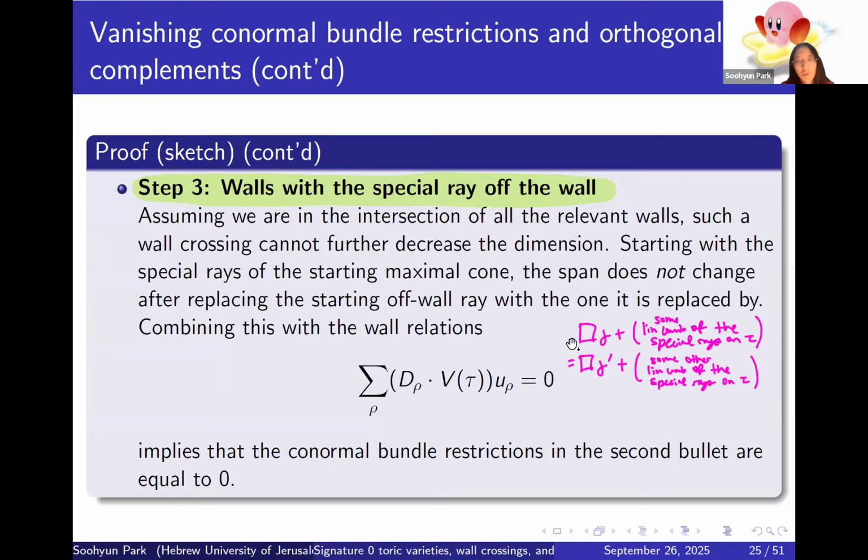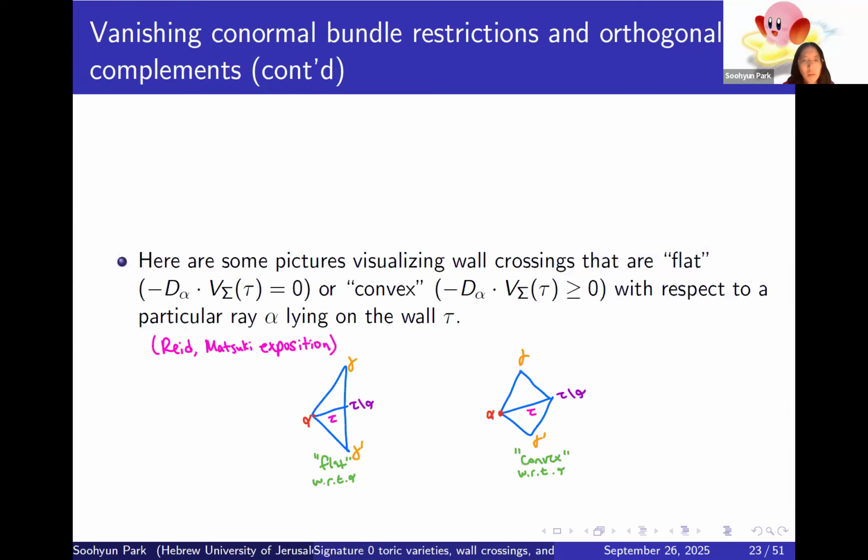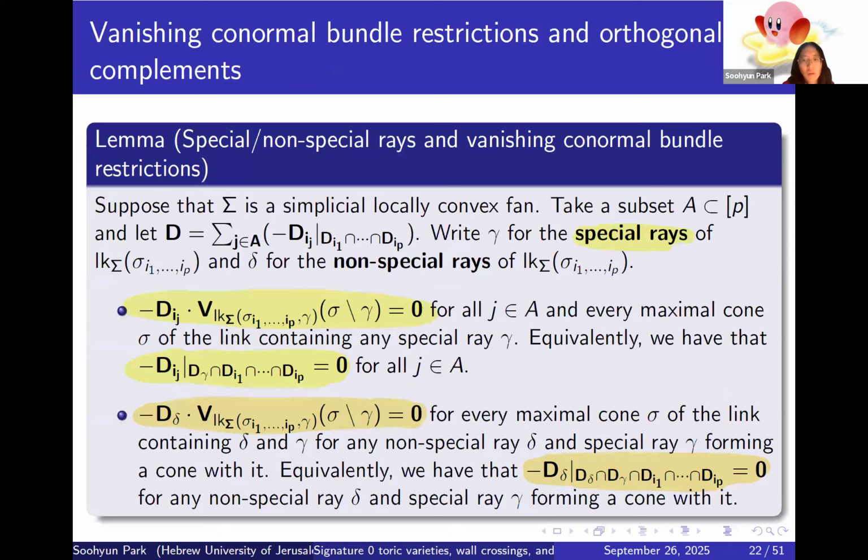But in any case, if you compare this with the wall relations, it implies that certain intersection products are 0. And that is exactly what we get over here. And then applying this to any maximal cone containing a particular non-special ray and the special ray, basically the same reasoning as going from this to this, gives you the second part of the second bullet here.